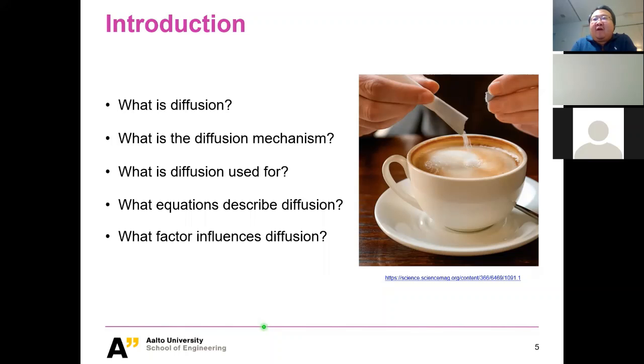But if you take coffee with sugar or milk, you will see the phenomenon of diffusion every day. The whole process of getting the sugar into your coffee homogeneously is called diffusion. But we need a proper definition. What is diffusion? This is always how we start a course. We give the definition, and we try to understand the mechanisms of why diffusion is happening.